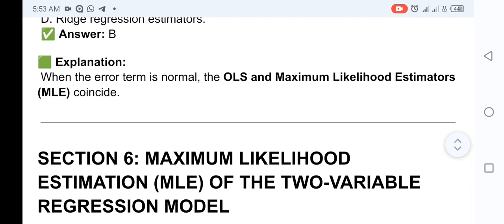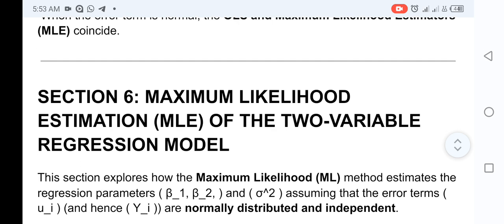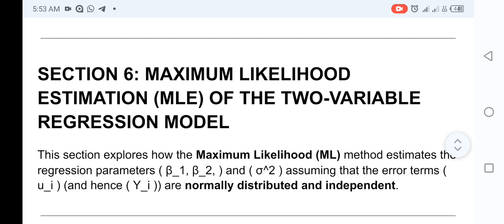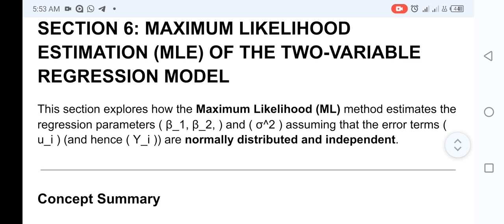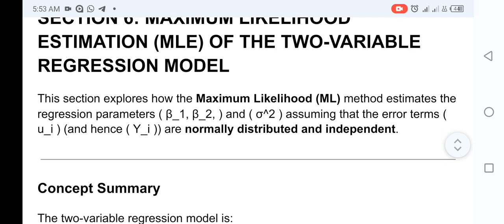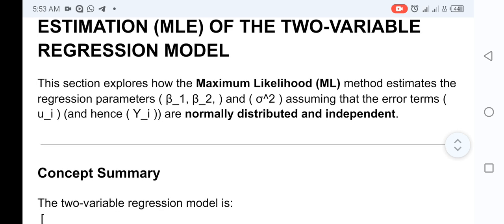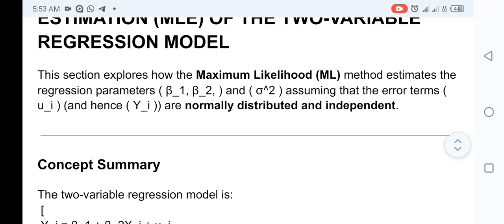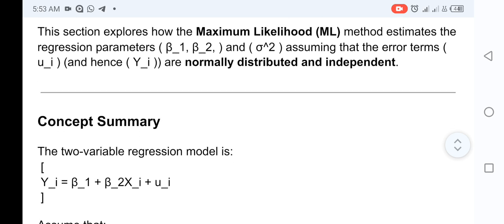Section 6, Maximum Likelihood Estimation, MLE, of the two-variable regression model. This section explores how the maximum likelihood, ML, method estimates the regression parameters β_1, β_2, and σ², assuming that the error terms U_i, and hence Y_i, are normally distributed and independent.